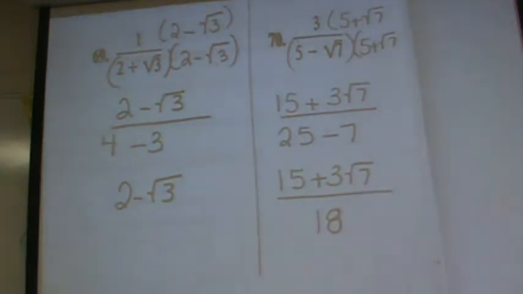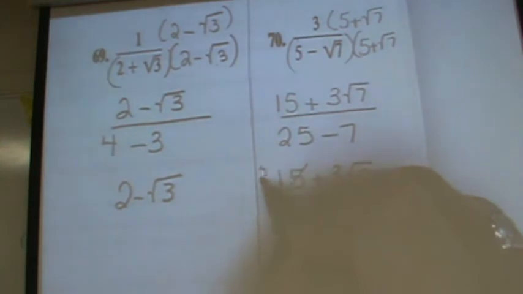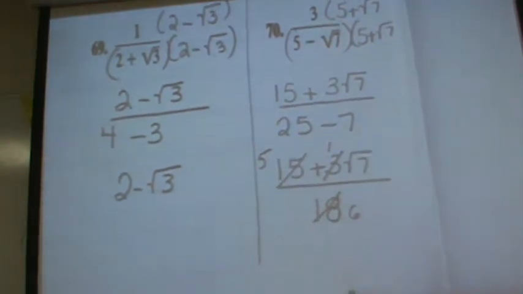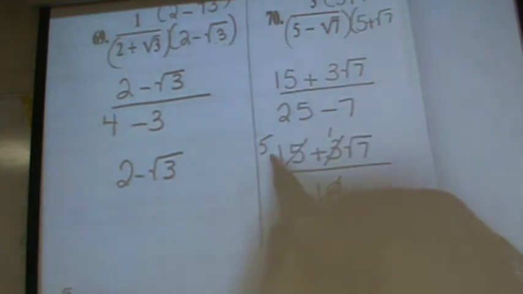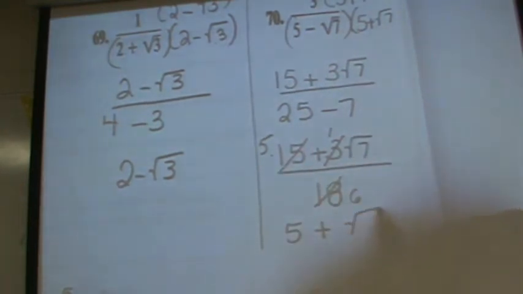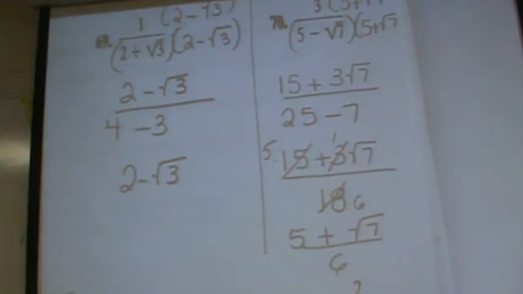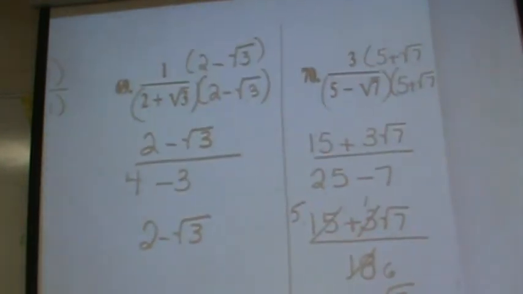And that would be 3. 3 goes in 5 times, 3 goes in once, and 6. So the answer would be 5 plus root 7 over 6. And you are done with this assignment.